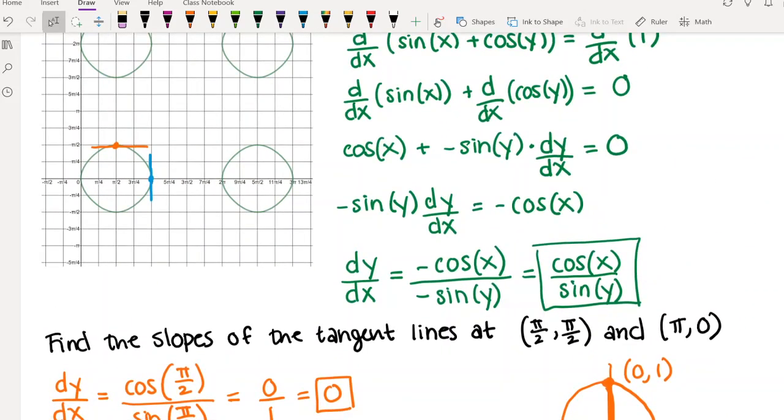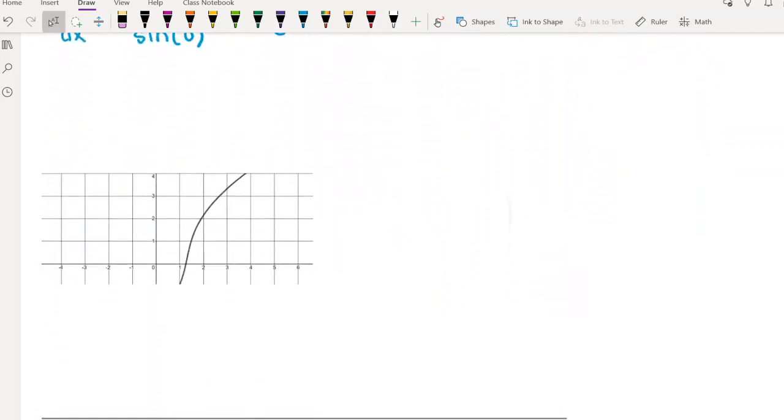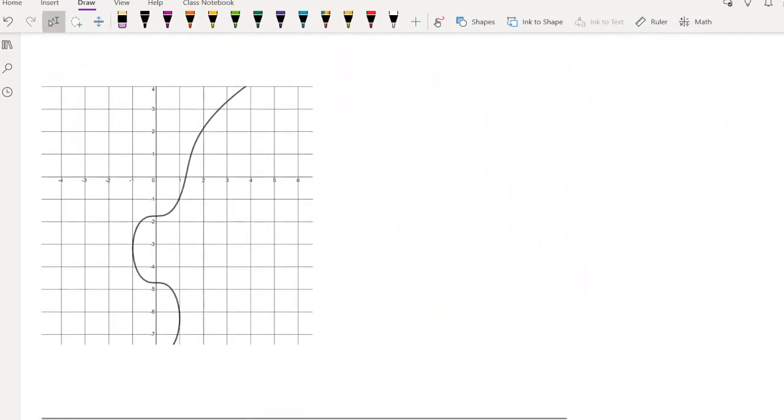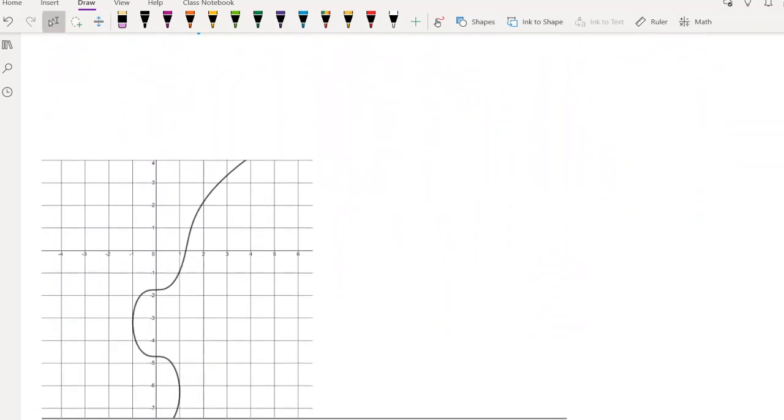Okay, so we're going to do one more example, and this last one is a little bit trickier in terms of the kind of algebra that goes on. So we're going to find dy/dx for, and I'm going to write this a little differently than I wrote it earlier.